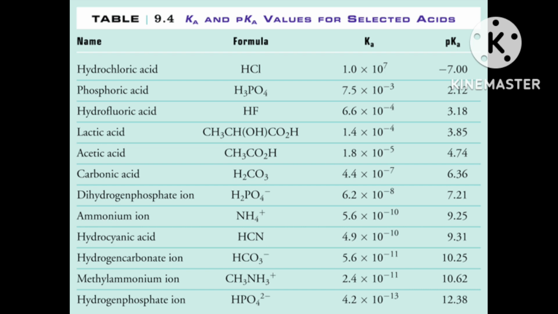Now that you know the OH⁻ concentration, you can find the pOH value. pOH is equal to the negative logarithm of the OH⁻ concentration. Write 9.5 into 10 to the power minus 8, and you will get the pOH value equal to 7.02.